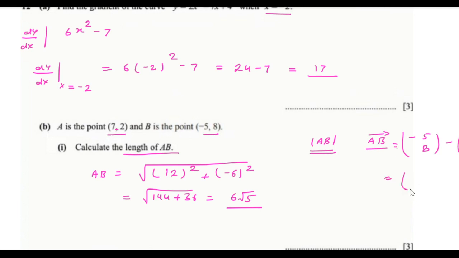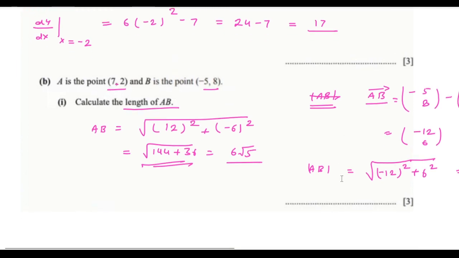If you do this, you will get (-12, 6). Then for the magnitude, you are simply taking the squares of this x value and 6. This is what you are doing, and the same we use in the distance formula as well. So whether you use your vector concept or your distance formula, you will get the same answer.